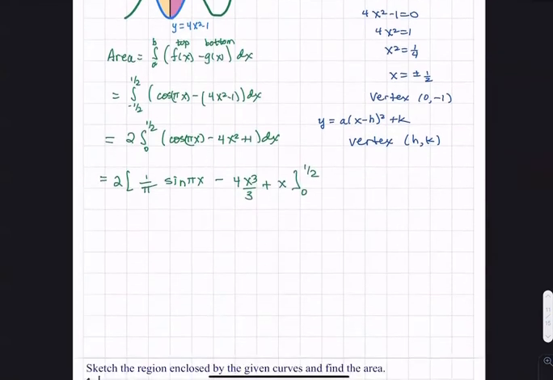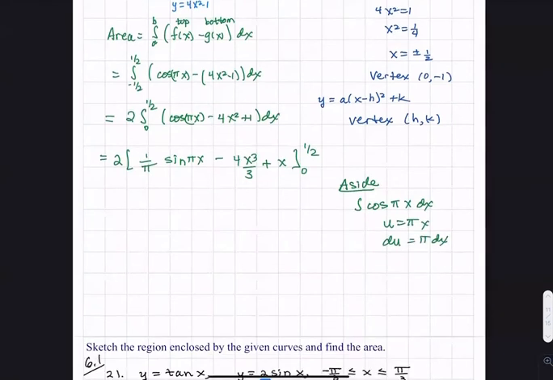All right, let's do an aside, because I want you to show all your work on your test. The integral of cosine pi x dx. Let u equal pi x, so du is pi dx. So 1 over pi du is dx.